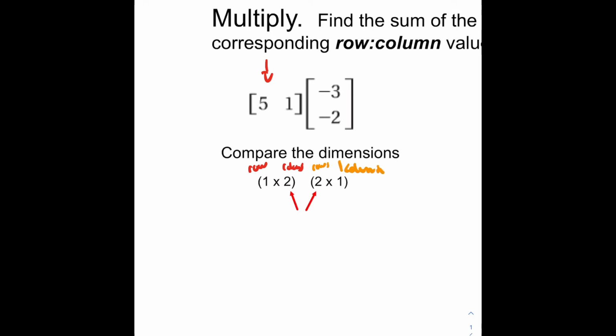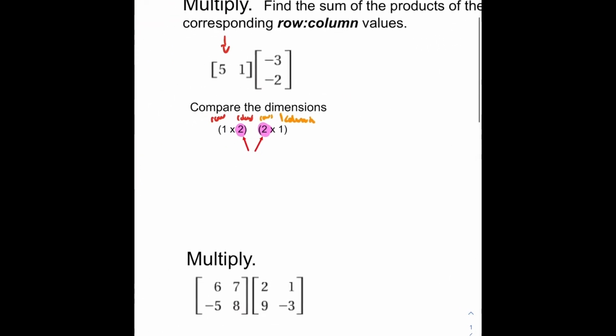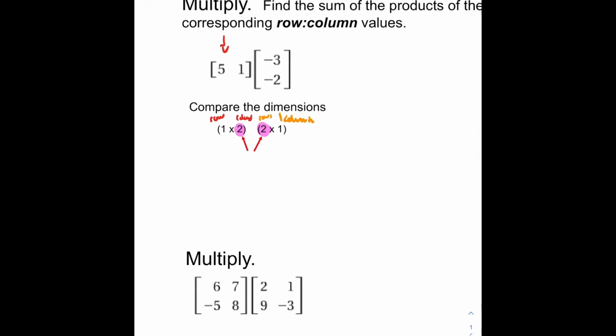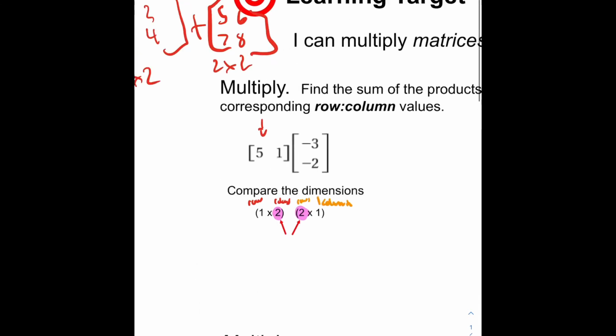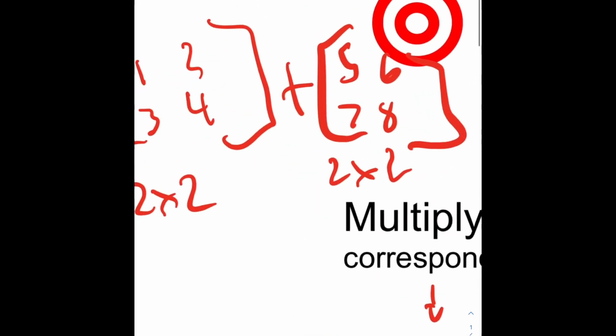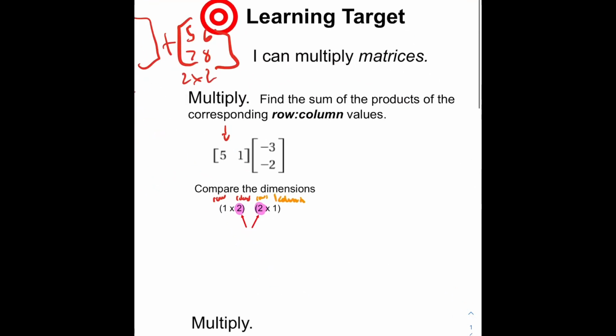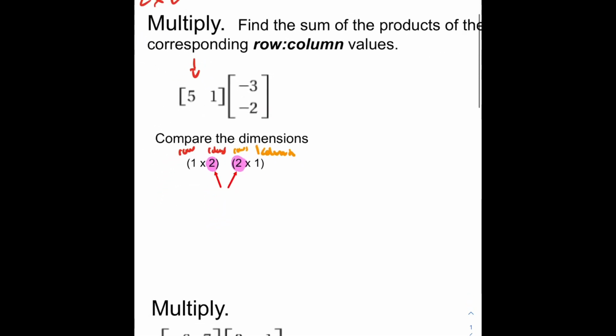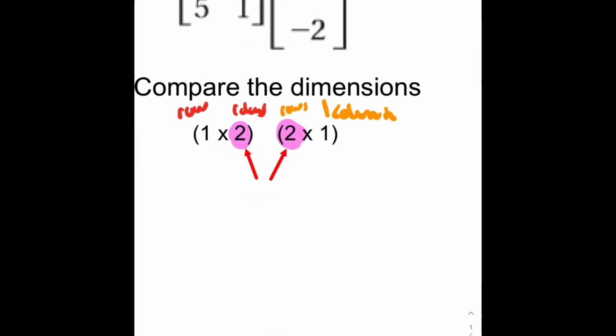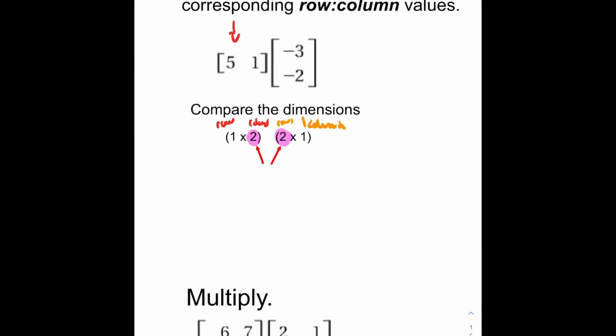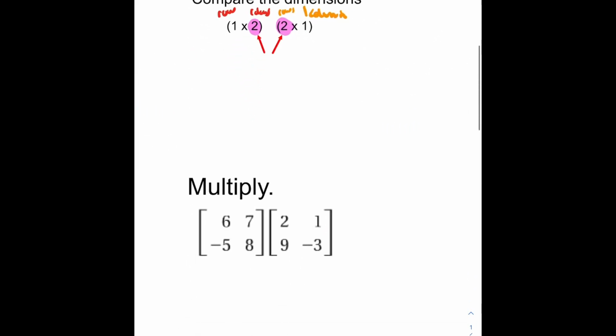So the gist of it is that if you write this out and these two are the same thing, you can then multiply the matrices. When we added and subtracted, it absolutely had to be the same thing, but when we're multiplying, it doesn't necessarily have to be. The columns of the first one and the rows of the second one have to match up.